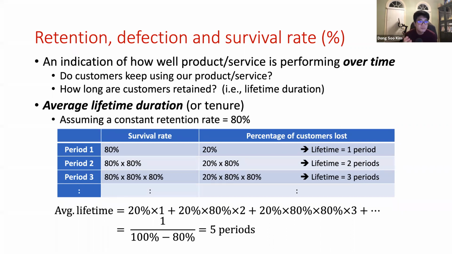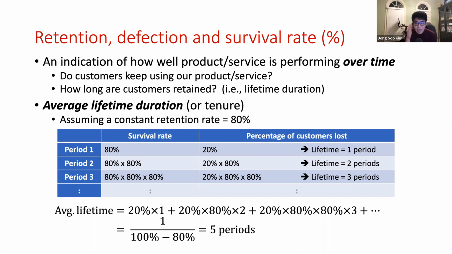This retention performance can be quantified in another way, average lifetime duration. Average lifetime duration, sometimes called average tenure, measures how long customers used or have used the product or service after they were acquired.